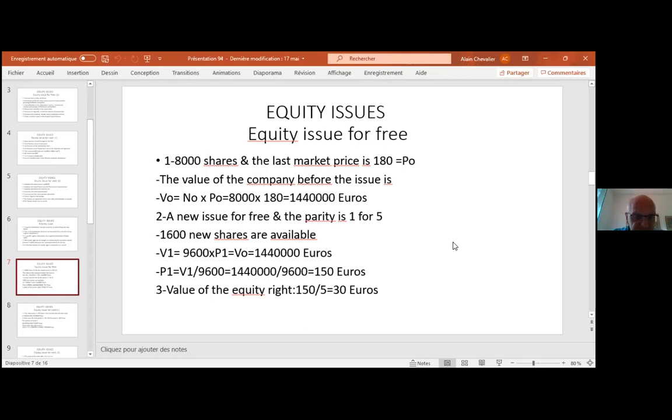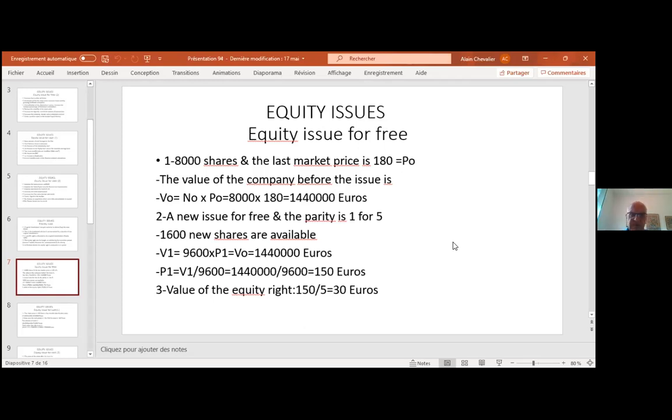So, three lines before the end of the slide, you get the new equation between the number of shares, 9,600, multiplied by the price of a share, which is still equal to 1,440,000.